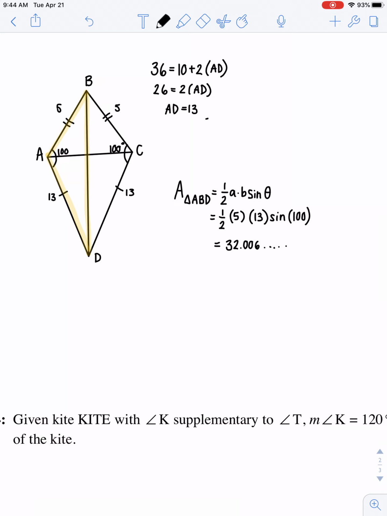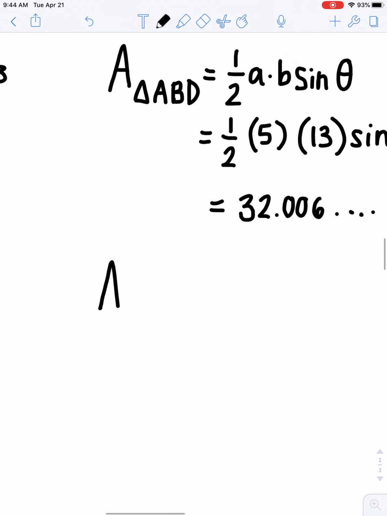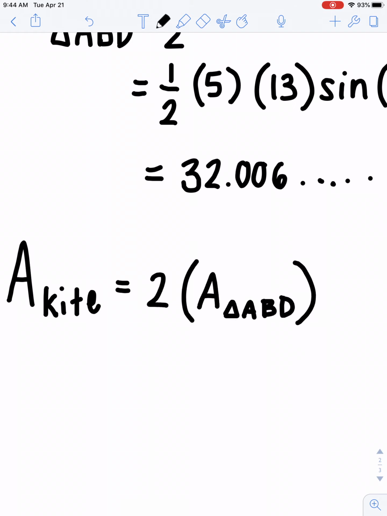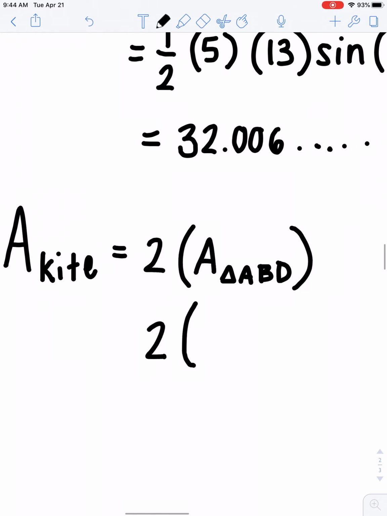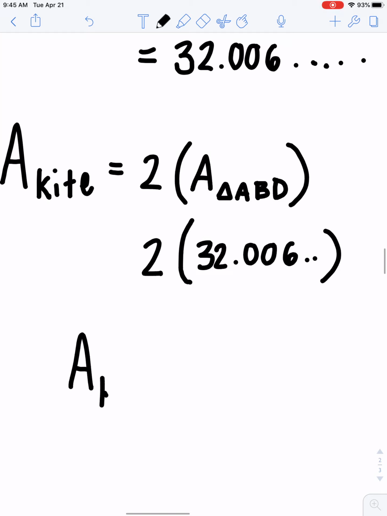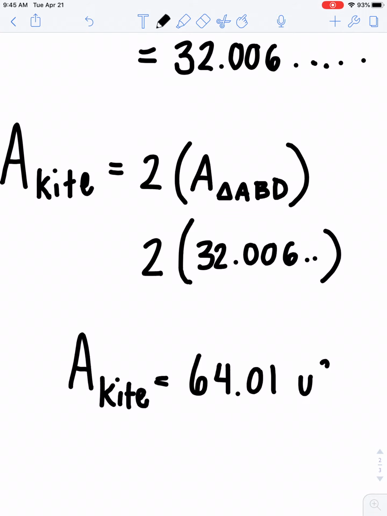Now, we know that this kite is made up of two congruent triangles, so we can find the area of our kite by multiplying 2 by our area of triangle ABD. So when I do that, I will say 2 times 32.06, and I get an area for my kite of 64.01 units squared.